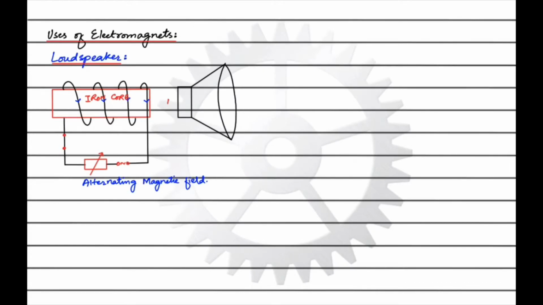Now in order to understand the working of a loudspeaker, let's say that this pole of the electromagnet is a north pole, and at this instance the same pole, a north pole, is induced because of the alternating current at the facing end of the permanent magnet of the loudspeaker.